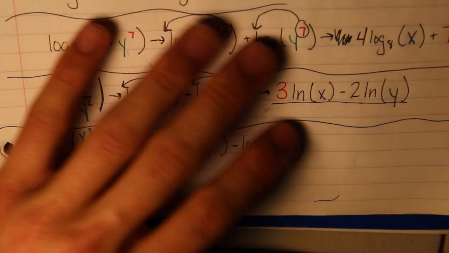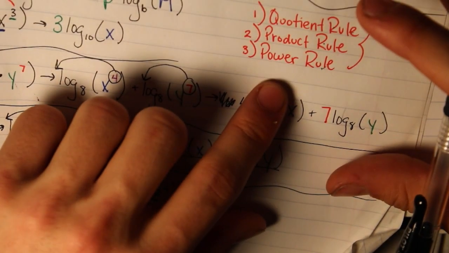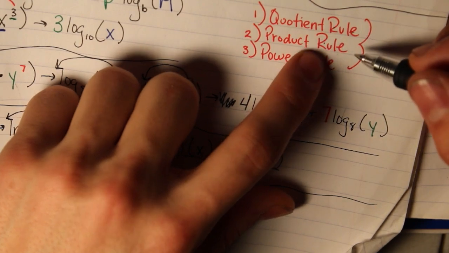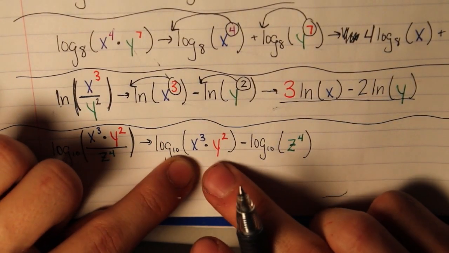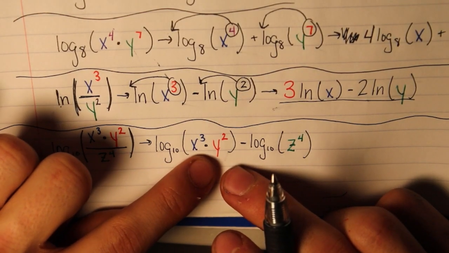Now we look back at the rules, and we're going to be doing the quotient rule, then the product rule. Do we have the product rule? Yeah, we do. X cubed times y squared.